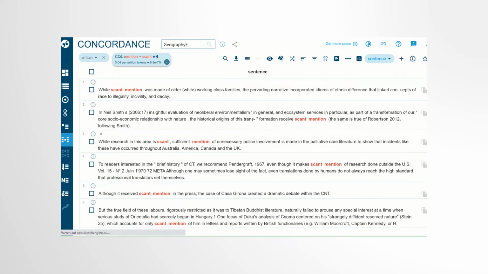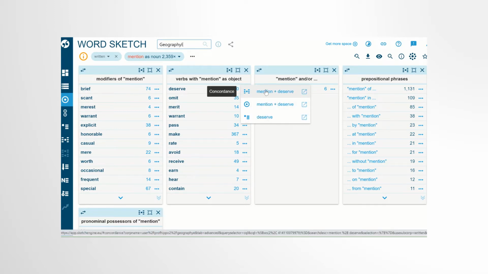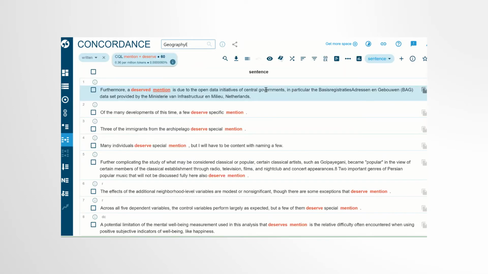Okay, back to the word sketch, and now we would go through the rest of the list. We could also look, of course, at mention plus verb. We might be a little more successful.